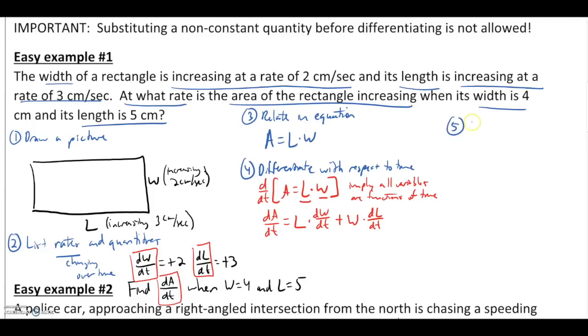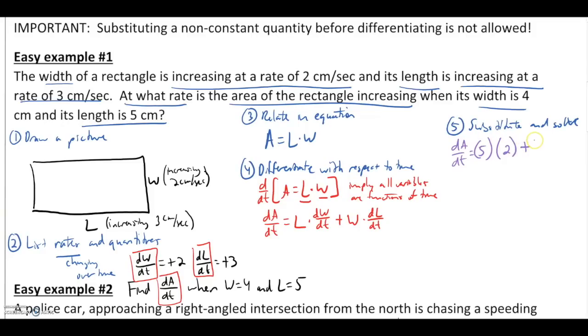And our last step, substitute and solve. Put in all the values we know and solve for the one that we want. So we'll have that dA/dt is our unknown. We know that L is supposed to be 5 at the point of time we're concerned with in the problem. The rate of change for W, dW/dt, is equal to 2.